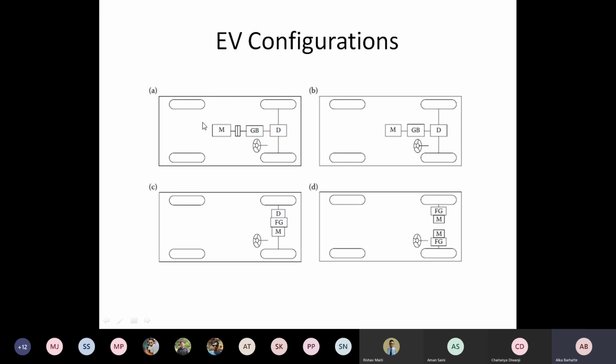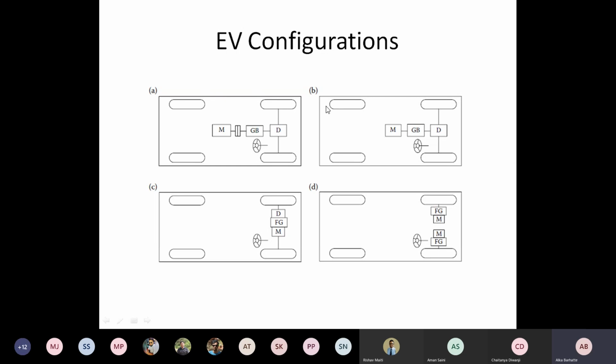Only your IC engine has been replaced by the motor, and the motor is responsible to drive the whole drivetrain, including your clutch pack and gearbox, and that gearbox is connected to the differential, which decides the speed for individual wheels. So this is your first architecture.